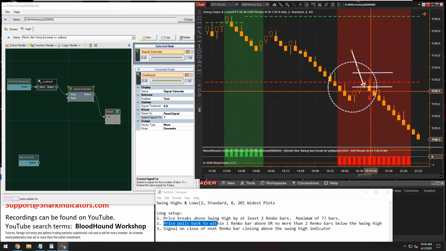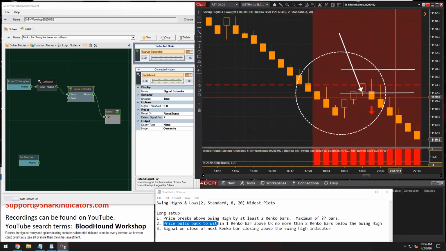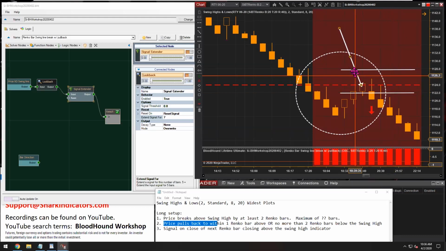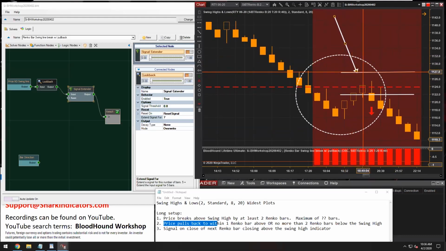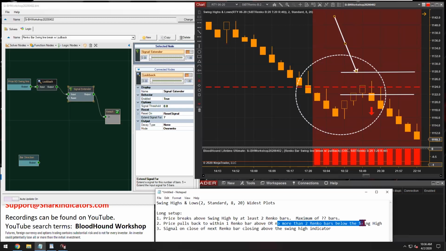This white line is approximating 1 bar below the swing line, and the upper white line is approximating 2 bars above it. I'm thinking no more than 2 bars past the swing point.